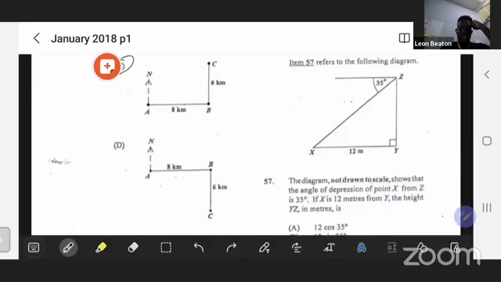If X is 12 meters from Y, the height YZ in meters is, so we've got a height here, and that's what we want to find. And this diagram is representing the information that they give us here. So, good. This is an angle of depression. So if here is 35, here will also be 35 degrees.